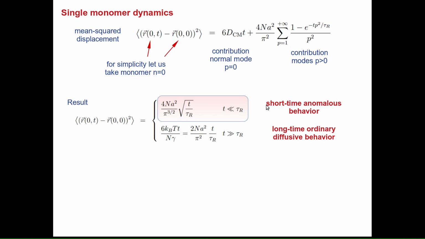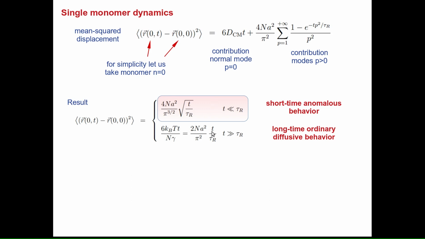If t is much smaller than the longest relaxation time, you can do a certain type of expansion, and you see that the dominant contribution to the sum comes from this first part, and this scales as the square root of time. Okay, so this is the scaling behavior. Whereas if you go to very large times, this other part gives the dominating contribution, and this is linear in time.